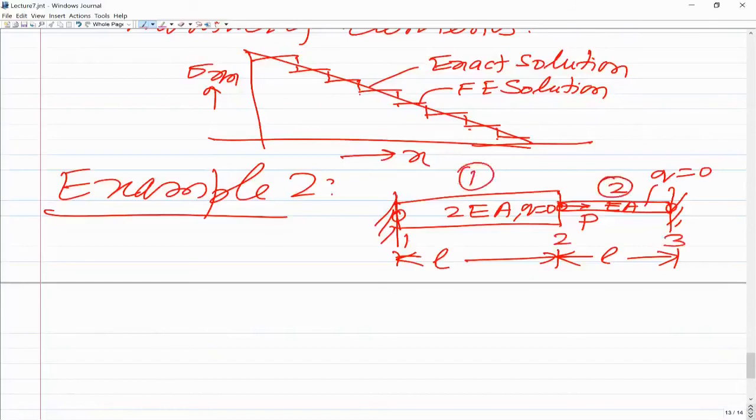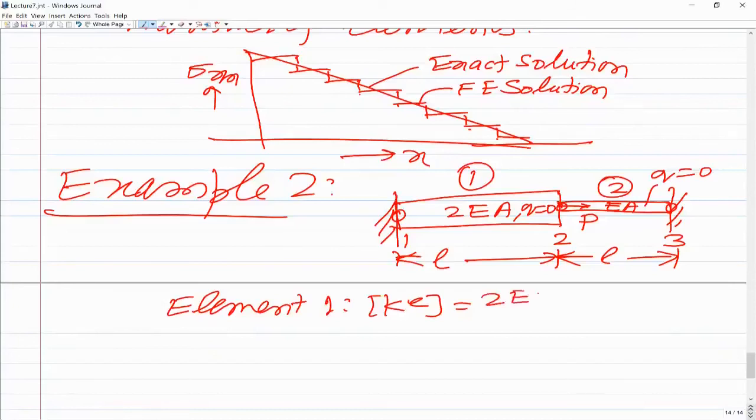Now you will see the form of the element level governing equation is going to be the same. If you look at element 1, the stiffness matrix Ke only has EA replaced by 2EA, but it is still constant within the element.